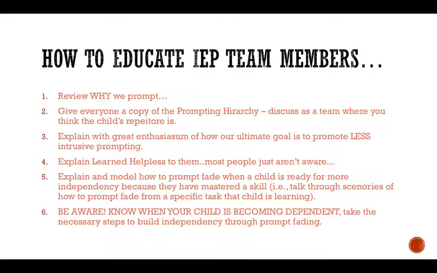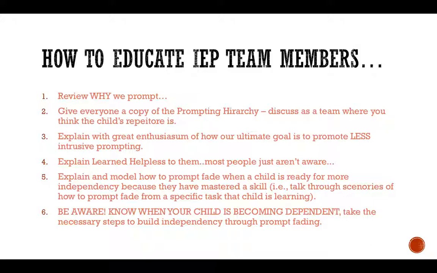Explain learned helplessness. That goes back to number 1. Why we prompt is because we want to introduce errorless learning, but errorless learning can fade into learned helplessness. They just don't know truly what all of that means.